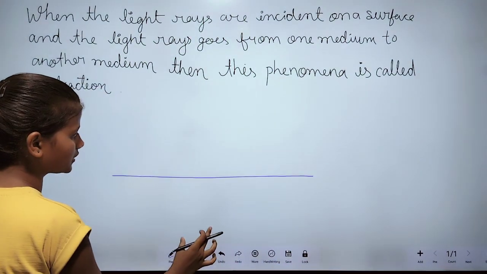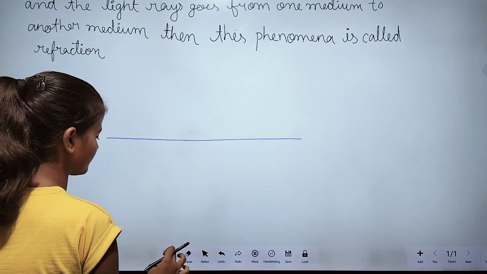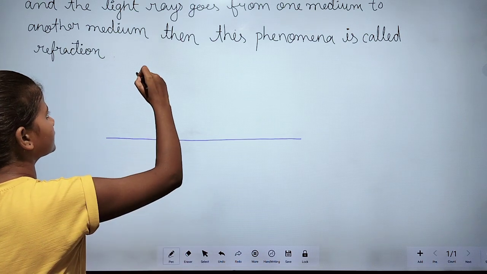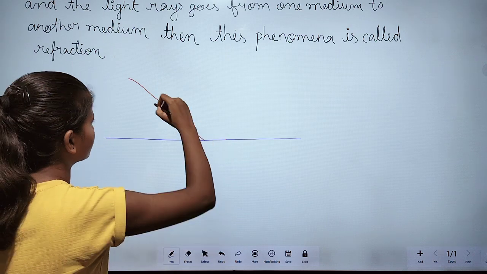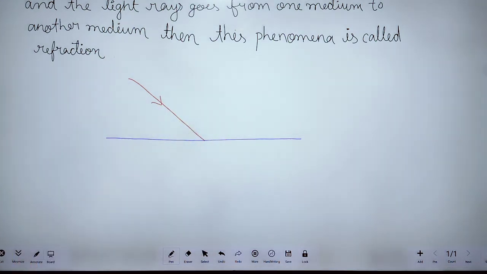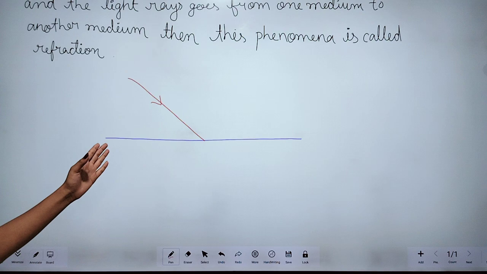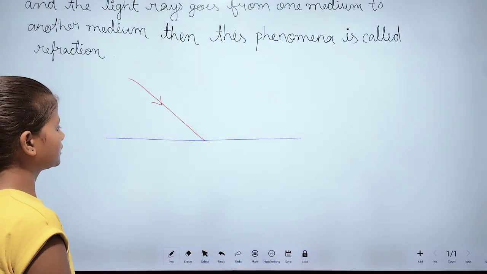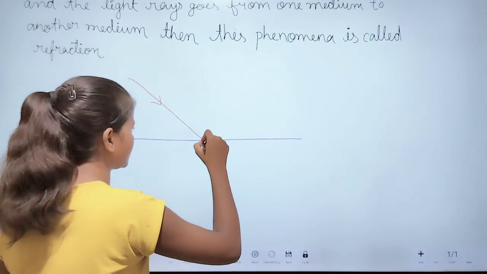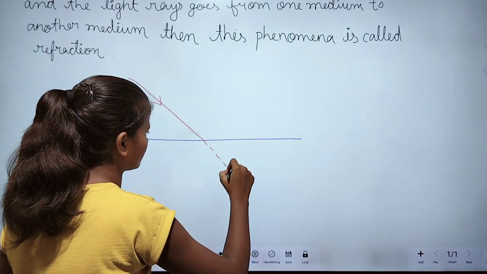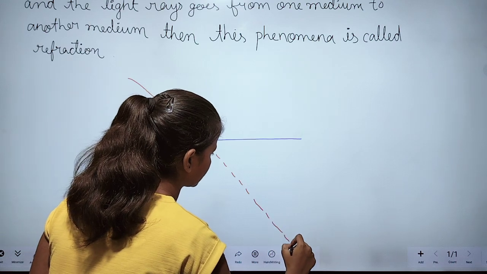This is our surface. Suppose that this one is a ray. This one is our incident ray. Suppose there is no surface, then this ray moves in the same direction.